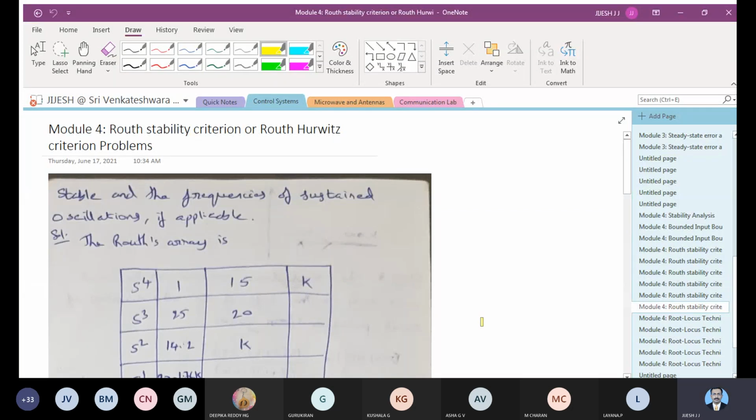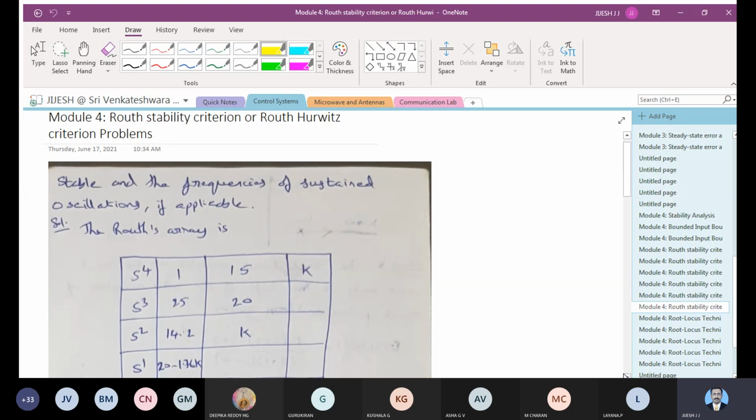So 14.2 and k you will get when you do the calculation. Then further simplification will give you 20 minus 1.76 k. Write it in terms of k itself.